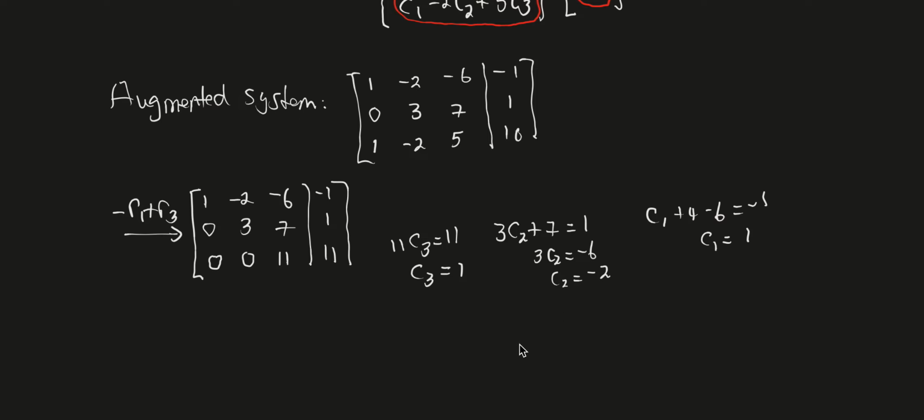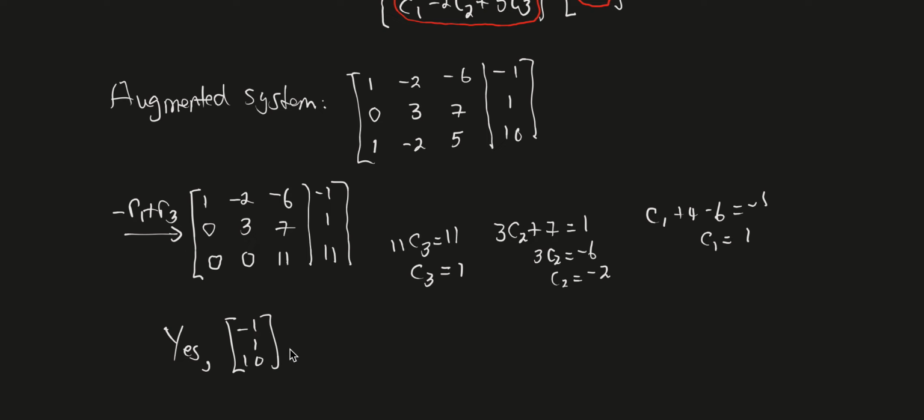So again, let's answer the question. So yes, my column negative 1, 1, 10. And notice they're still right here. You notice those columns, they're still there, the 1, 0, 1, the negative 2, 3, negative 2, and the negative 6, 7, 5. These are the columns that we started with.